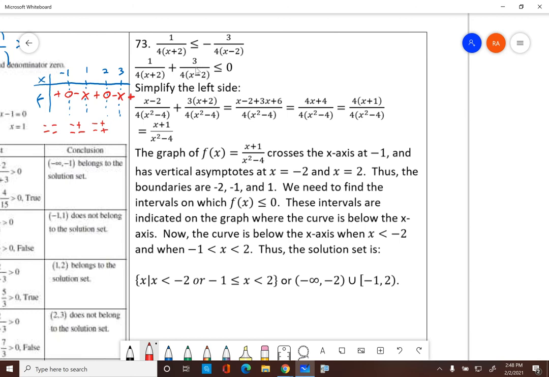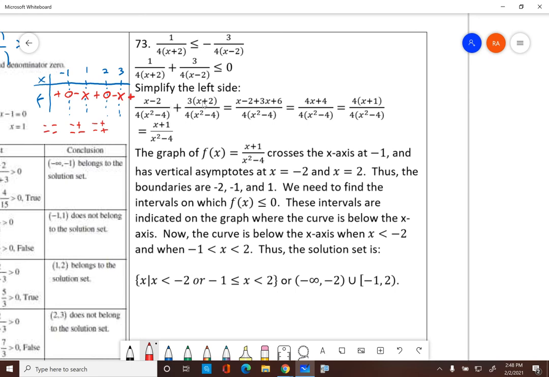So if you do that, you get 1 times x minus 2, which is just x minus 2. And this would be 3 times x plus 2. And then my denominator, I would have 4 times x minus 2 times x plus 2. Okay, so here's my two fractions with my common denominator.